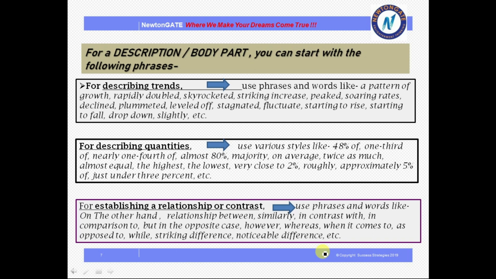Your word limit is 100 to 120. If you start with these phrases, you will actually be able to cover some of the words, right? Now whatever you understand, you just have to write it. These lines are making it easy for you.